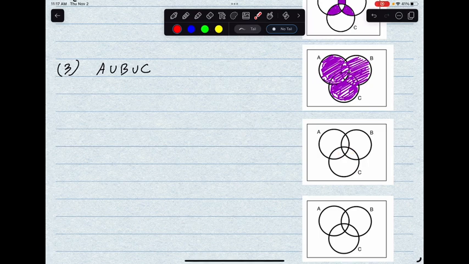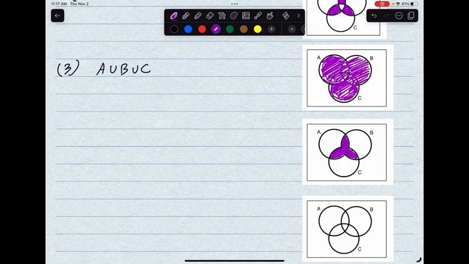So two or more is going to be: here is A and B, here is A, B, C, here is A and C, here is B and C. Any other part of this diagram is less than 2 events. Okay, so here is where 2 or more.